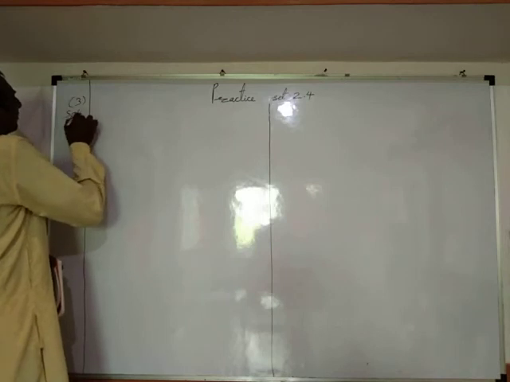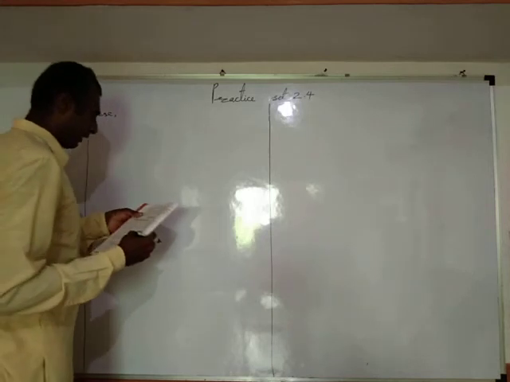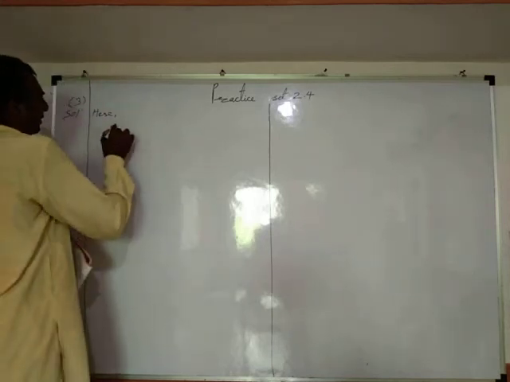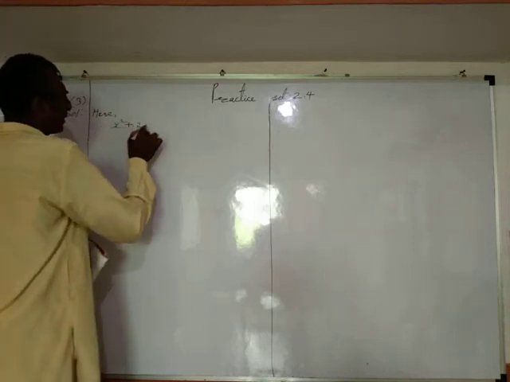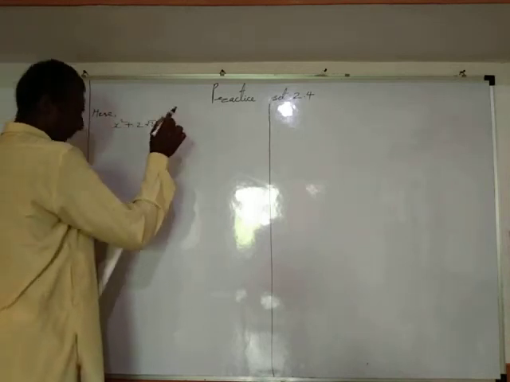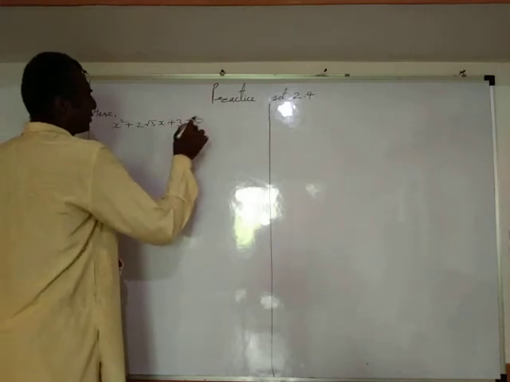Solution. Here given equation is x square plus 2 root 3x plus 3 equal to 0.